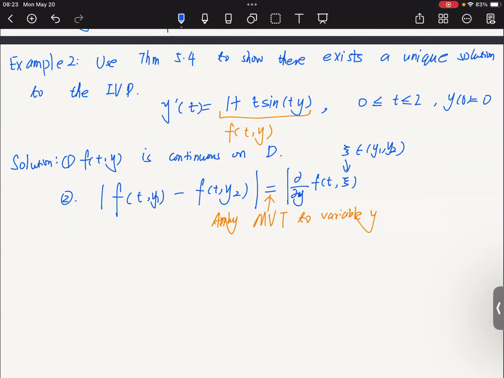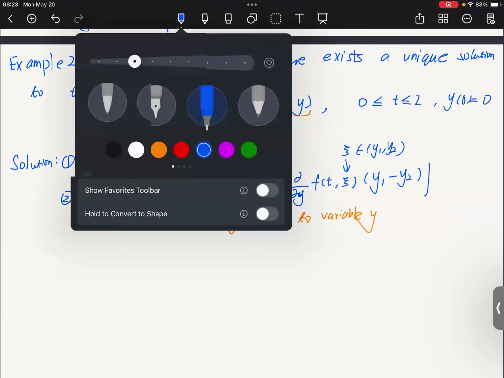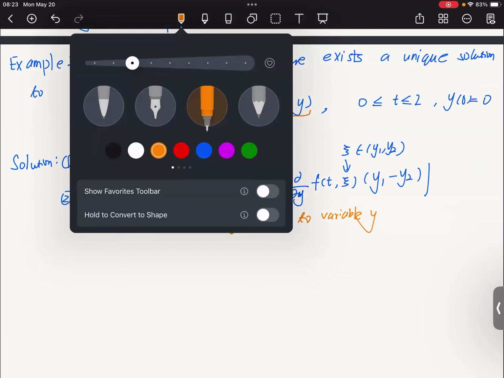Also, because this is the mean value theorem, it is multiplied by y1 minus y2. Now let's do some calculation before we move on to the next one.